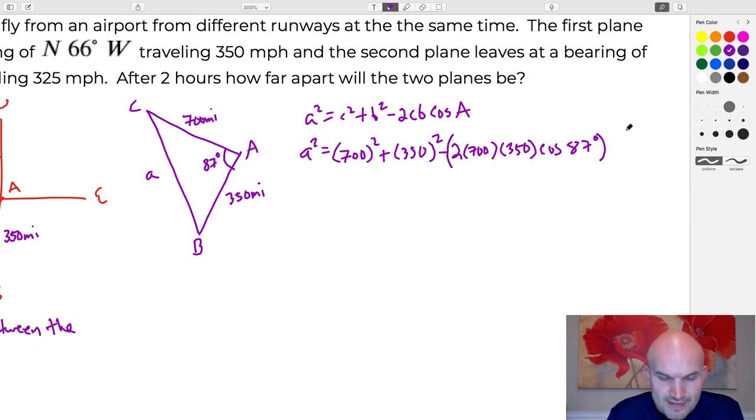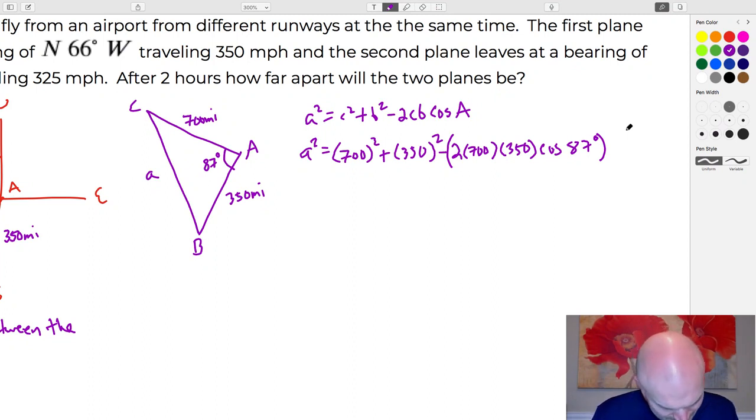I don't think it does, but it's a little bit of my type A that I like to do. 2 times 700 times 350 times the cosine of 87. Then I double close parentheses, and I get a really, really big number. Then I'm going to take the square root of that number rather than trying to say it.